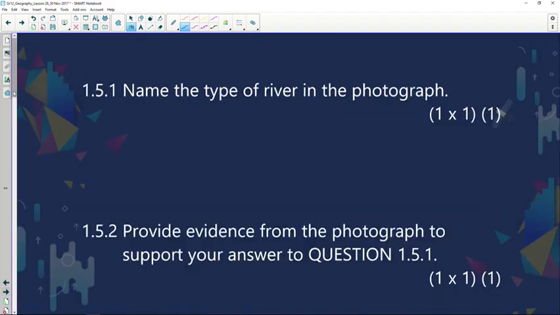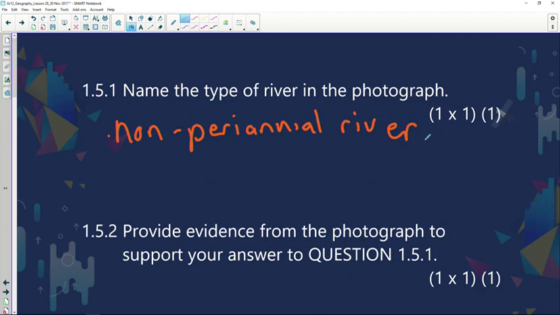Name the type of river in the photograph, and we can mention that it's a non-perennial river, or we can say what you've learned this year, a periodic river.